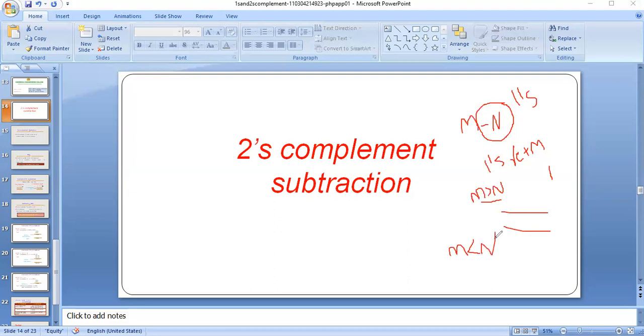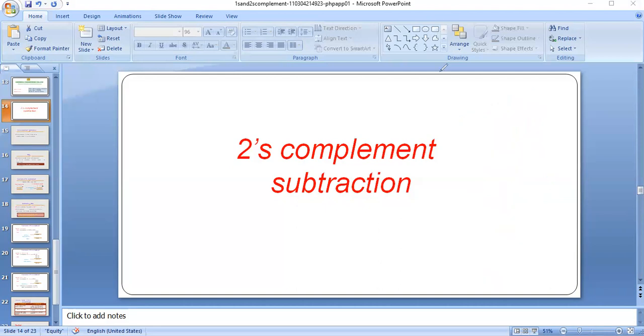In this case, we have to put a negative sign in front of the number and find the complement again. In the one's complement procedure, we find the one's complement of the one's complement result plus minuend. So this is m less than n and this is m greater than n. Only in the m greater than n condition do we have an end carry.